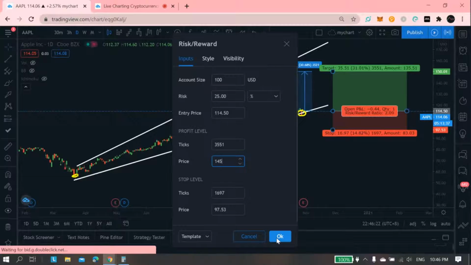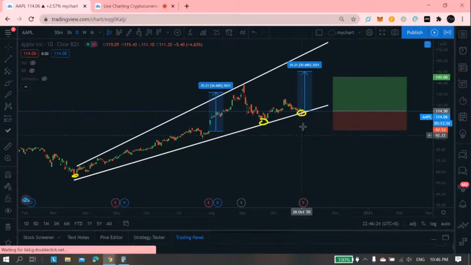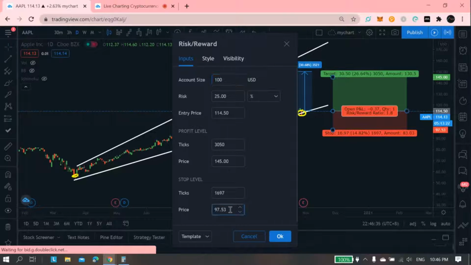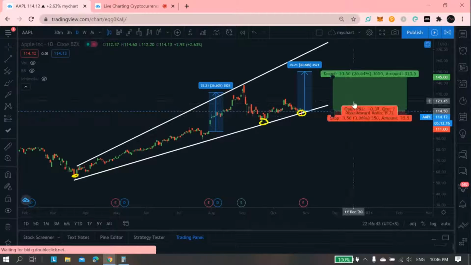And then my cut loss area is this one. The low of this is 111. So that's a risk reward ratio of 8.71. I could possibly make around 26.64% if my TP gets hit at 145.